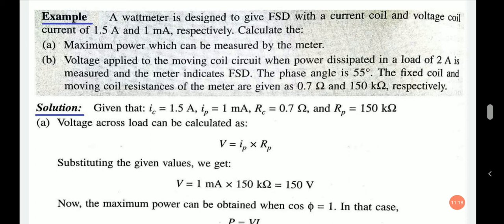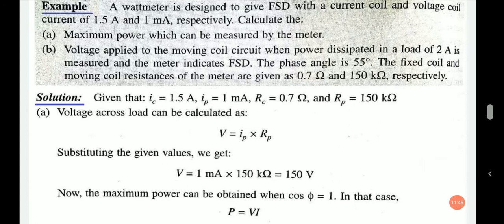Calculate first, the maximum power which can be measured by the meter, and second, the voltage applied to the moving coil circuit when power dissipated in a load of 2 ampere is measured and the meter indicates full scale deflection. The phase angle is given, that is 55 degrees. The fixed coil and moving coil resistances of the meter are given as 0.7 ohm and 150 kilo ohm respectively.